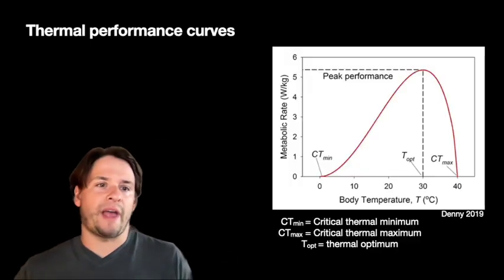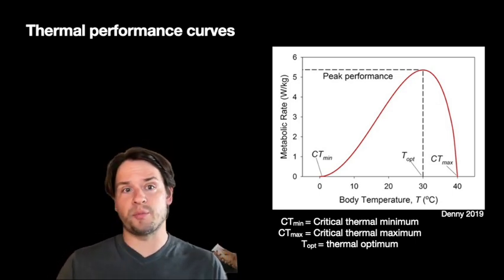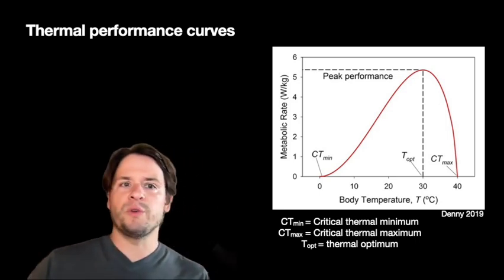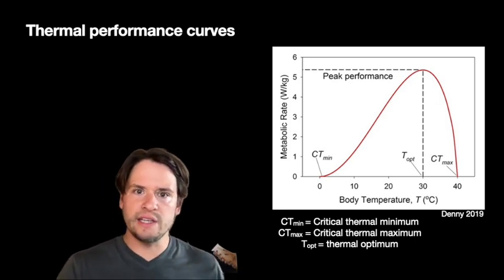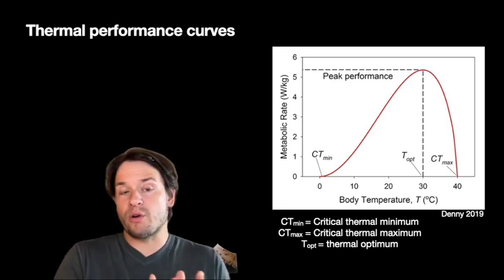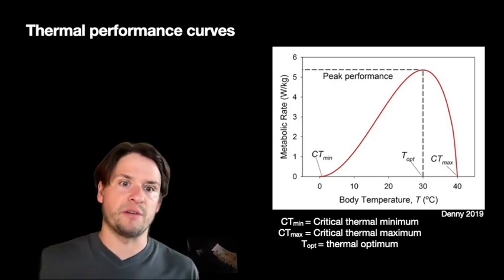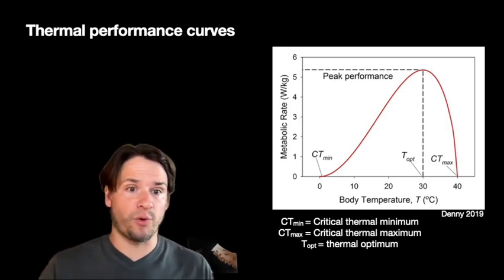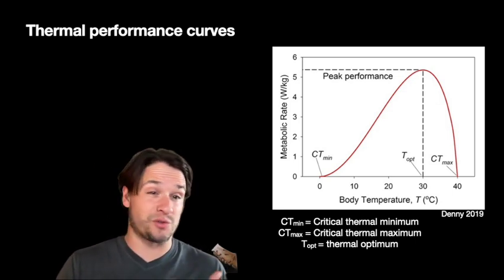And one way we can sort of abstract out some of the effects of temperature that is really common in the field of thermal ecology is something called the thermal performance curve. And so the reason we think of this as a curve is, in general, even though in particular cases you can estimate some effects as linear, when we look across the range of temperatures, what we almost always find is that if we look at the effect of temperature on just about any aspect of performance, in this case you're seeing a graph that uses metabolic rate as an example, but this is true for locomotion.